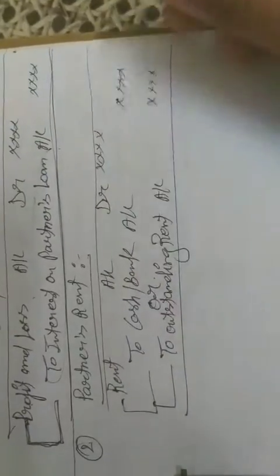Okay, so this rent, where is it transferred? It will be transferred again to profit and loss account. Profit and loss account debit to rent account, or we can say partner's rent.